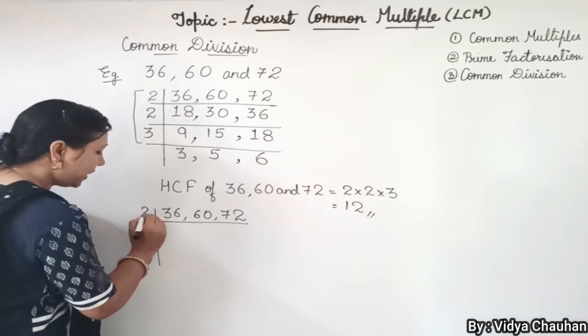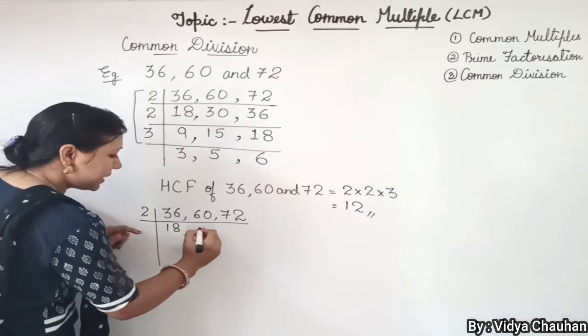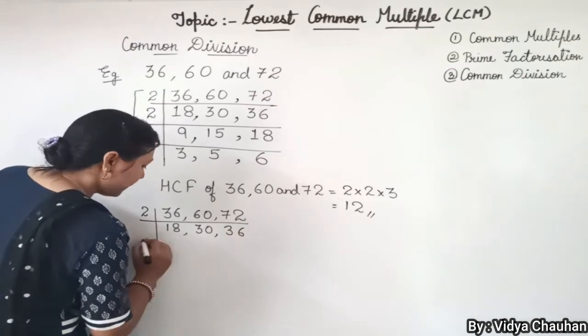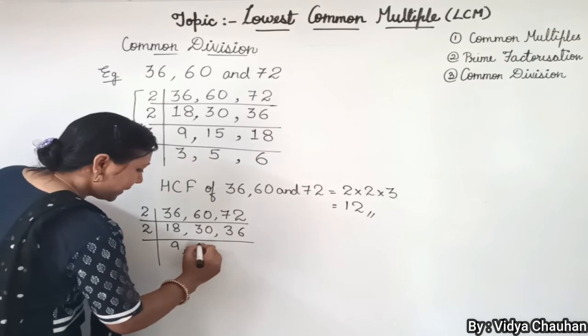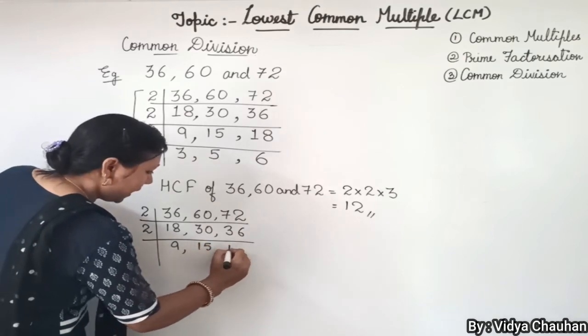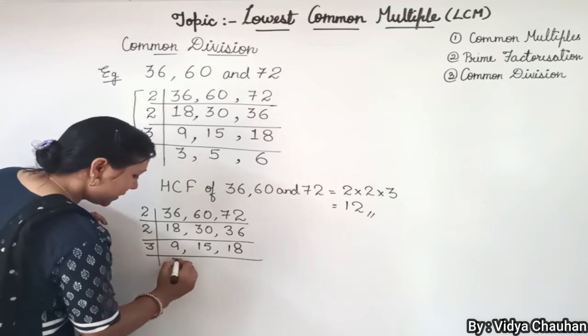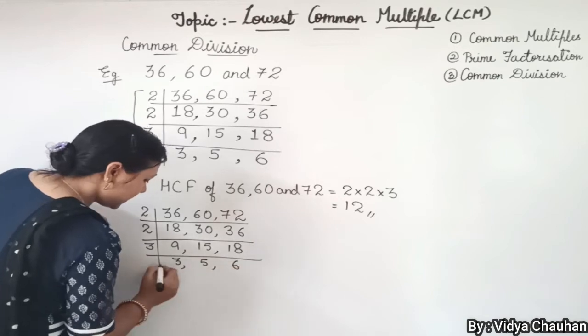Like in the first step we have divided by 2, we get 18, 30 and 36. Again dividing by 2 we get 9, 15 and 18. Now dividing by 3 we get 3, 5 and 6.